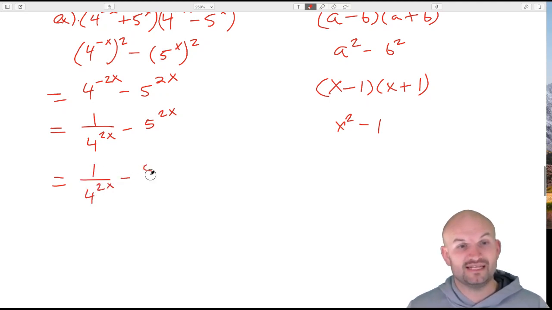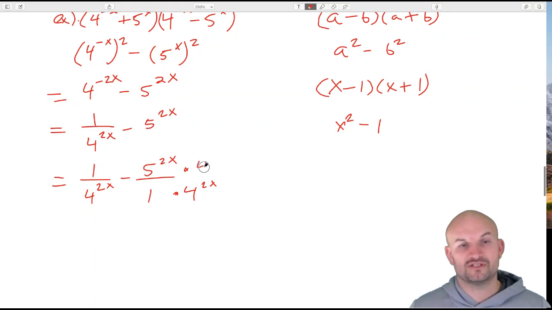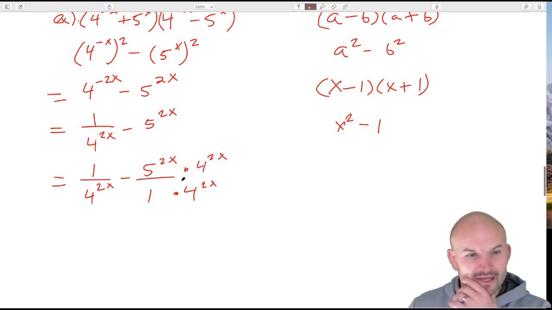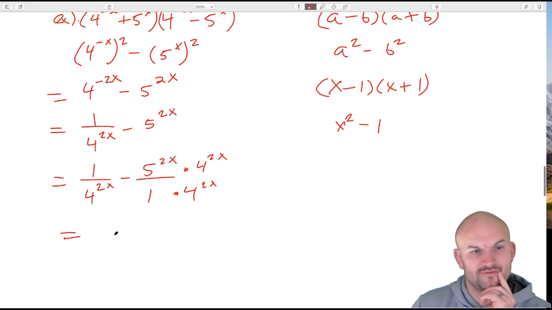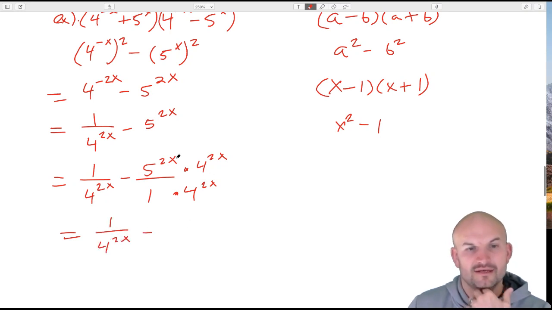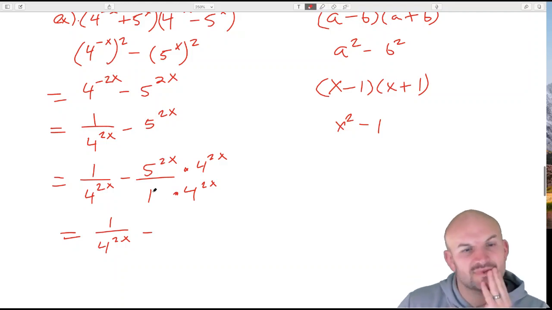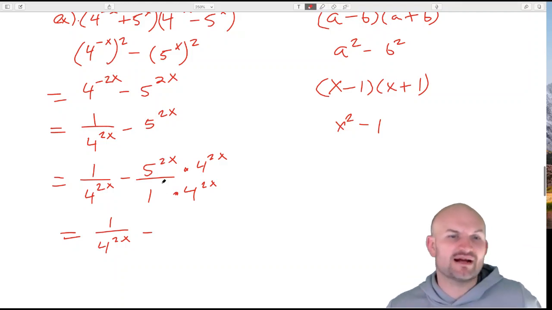So therefore, now we need to get common denominators. So you can multiply by 4 to the 2x over 4 to the 2x. And therefore, we'd have 1 over 4 to the 2x minus, oh, actually, you can't combine those.